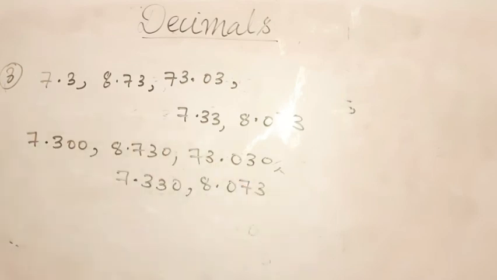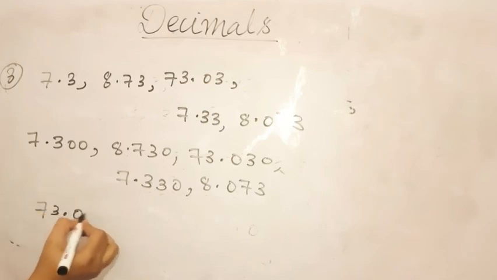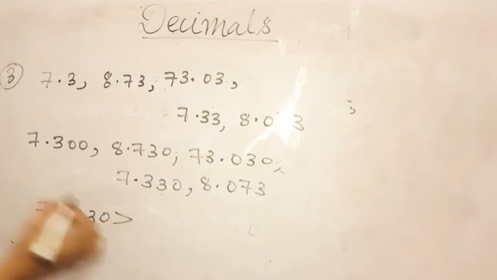Then we have to arrange them in descending order, that is from the greatest to the smallest. So the greatest one is 73, right? So it will be 73.030, that is the greatest one.